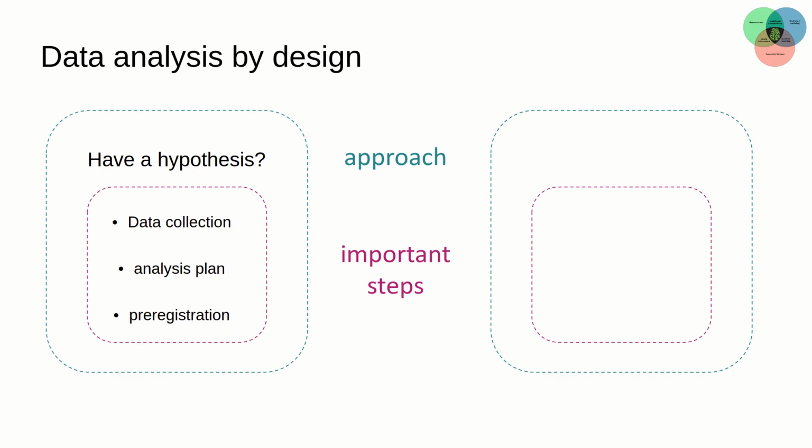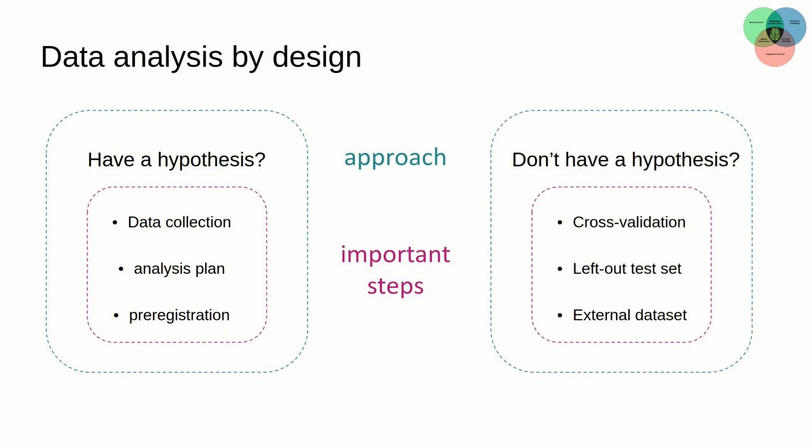Meanwhile, if you don't have a hypothesis, you're probably doing more of an exploratory analysis. And then when perhaps you've found something, you'll want to do cross-validation or a left-out test set, or test your findings on an external data set and see how they generalize.